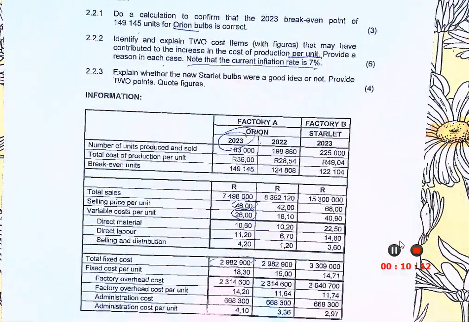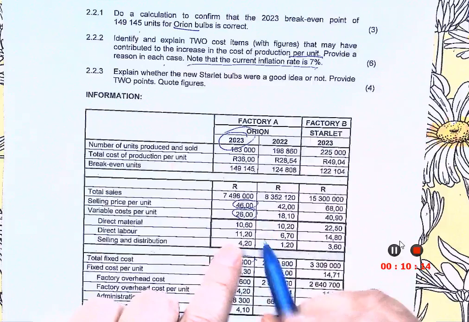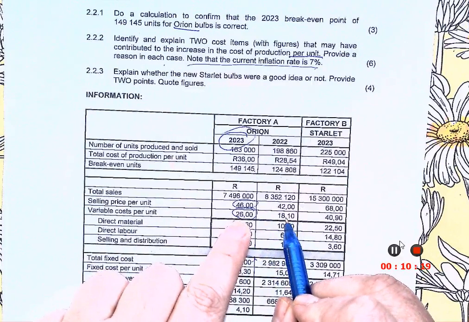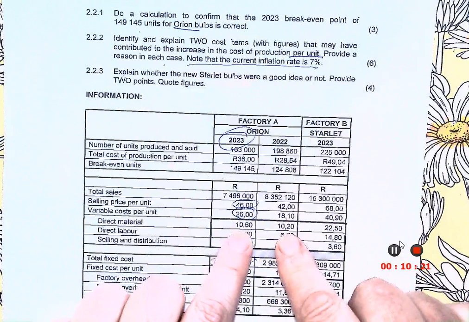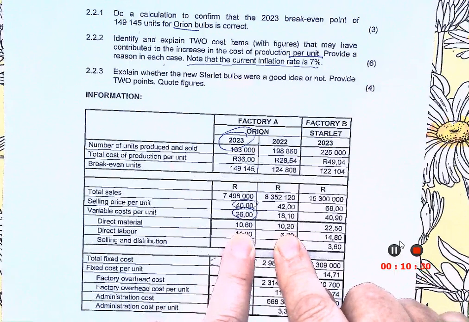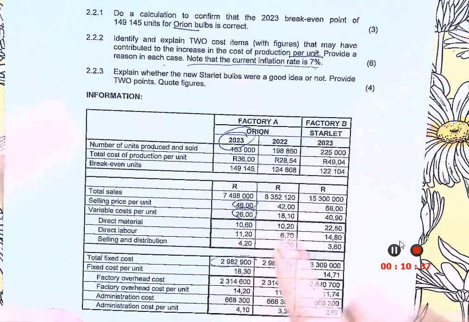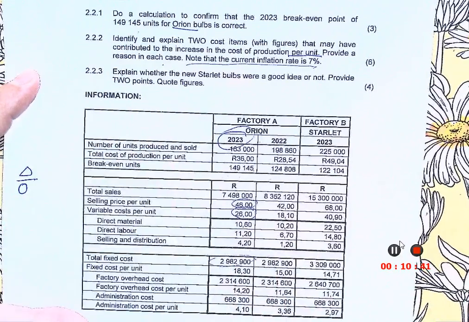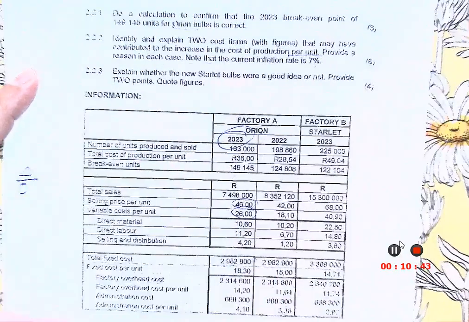If I look at my cost, can you see your variable cost? You're not going to talk about the variable cost totals. You're going to talk about the items. So now let's see. Direct material went up 40 cents per unit. How will I know what's the percentage? It's always the man in the hat. Triangle stands for change.